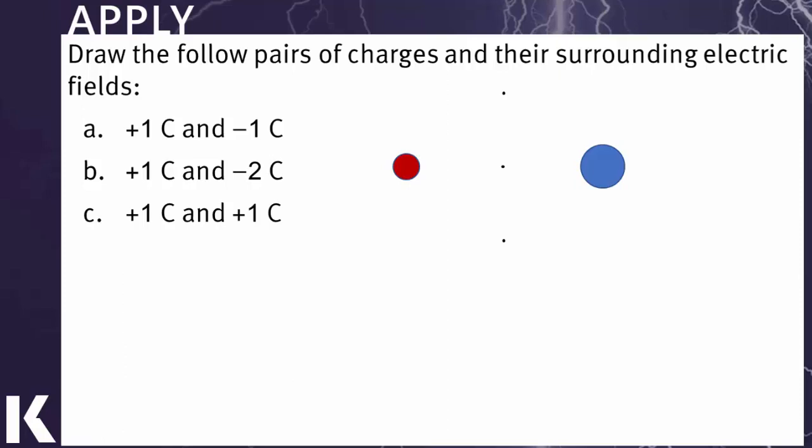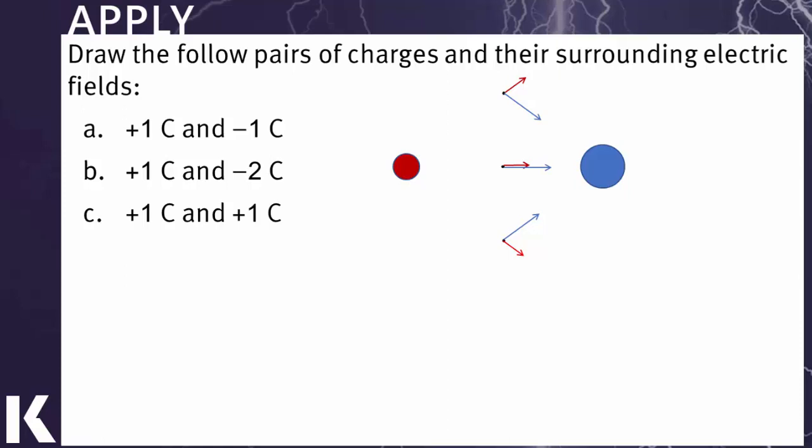So the contribution to the field from the positive charge is not changing, but each of these negative charge field vectors is going to get larger. So we're going to have twice the amount of pull towards that negative charge.